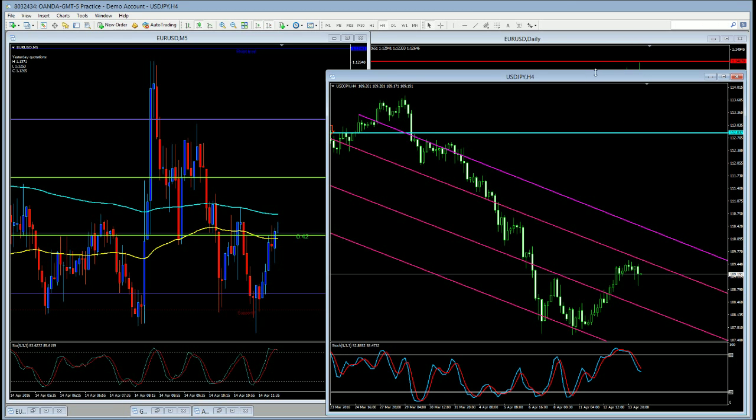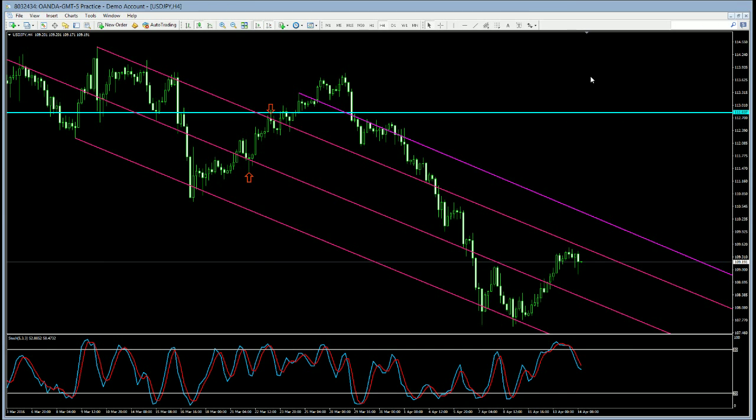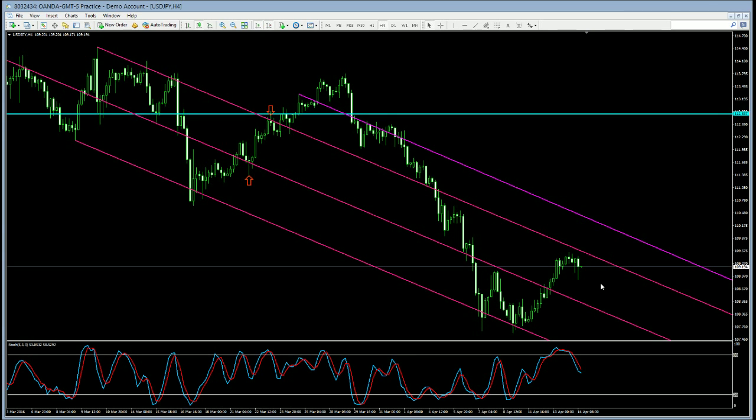and we'll go one by one and take a look at how they look still after a couple of weeks. So here's the USD JPY.